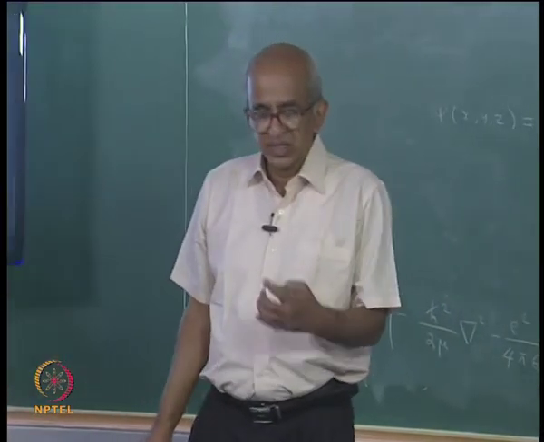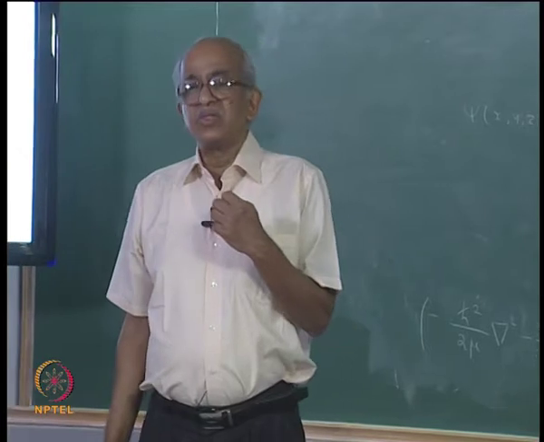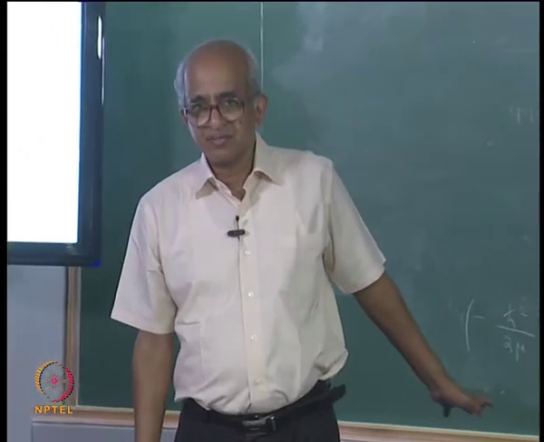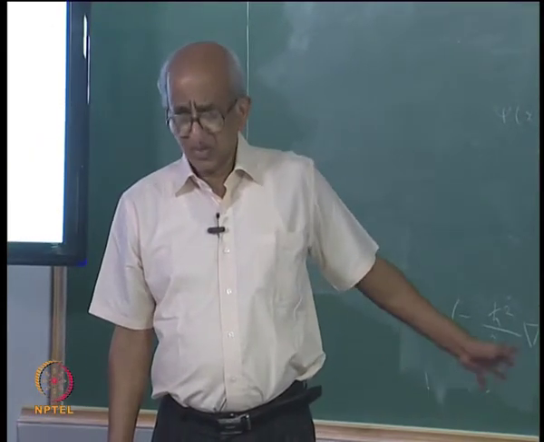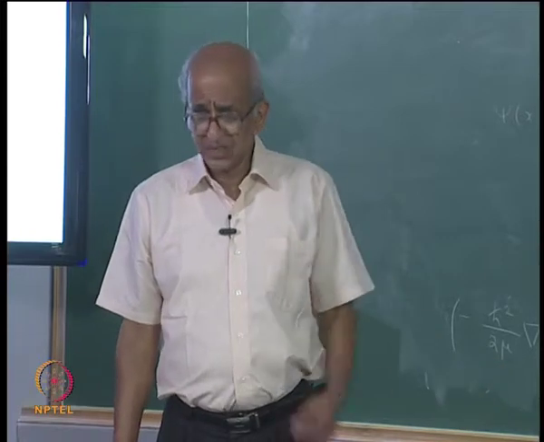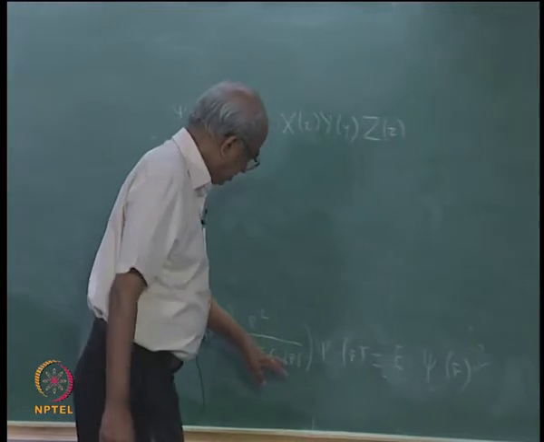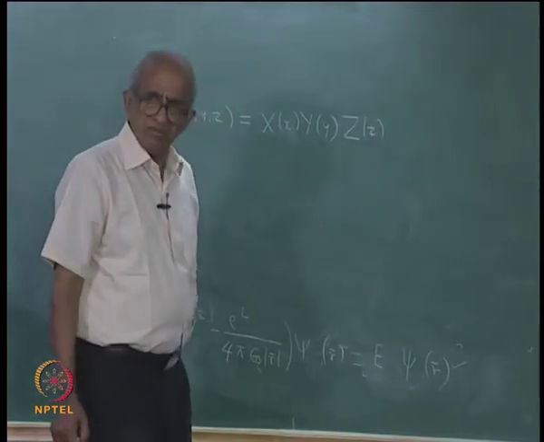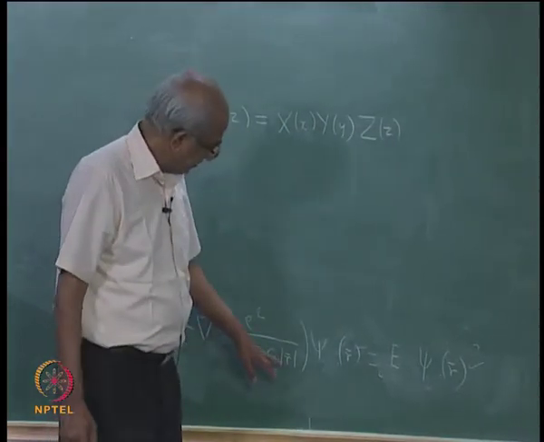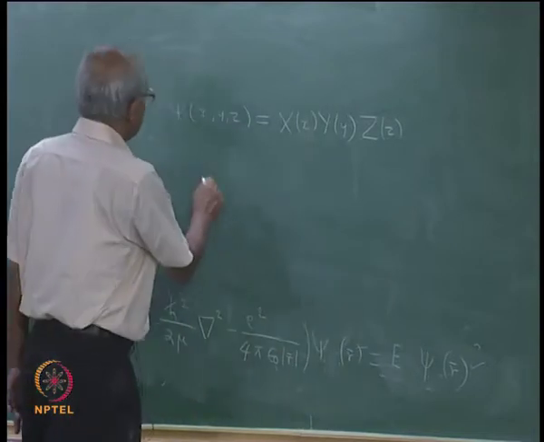correct, but this procedure will not work for this particular problem. Why does it not work? The answer is that if you look at this r, what is the distance of the particle from the origin?